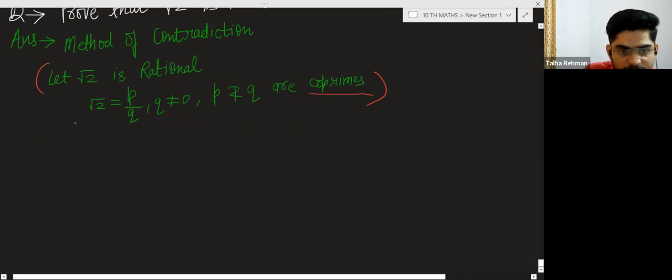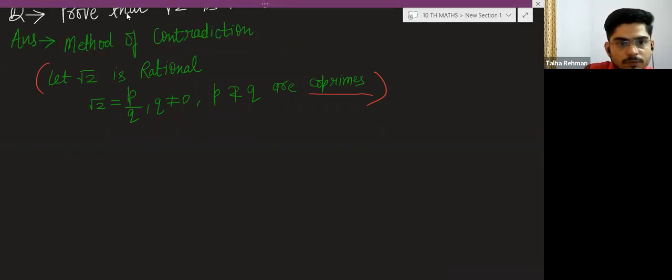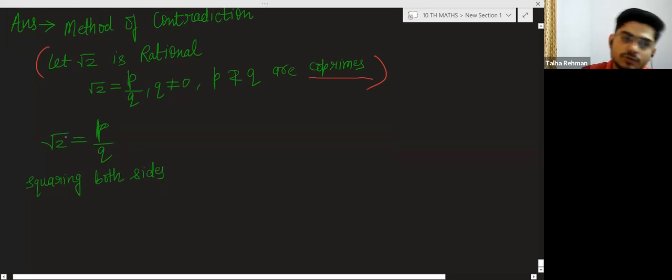So we have this equation, root 2 equals P upon Q. So what I am doing, I am squaring both sides. Both sides means LHS and RHS.